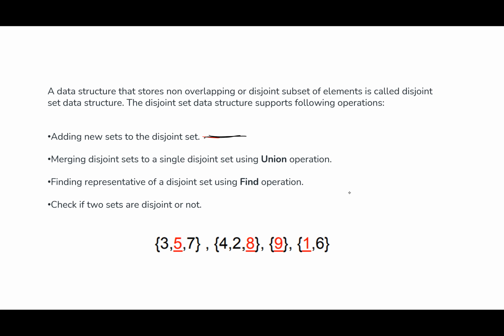That is merging disjoint sets into a single disjoint set using the union operation. Say we want to merge these two, 9 and 16, and they become a new set, and 1 becomes the new representative.